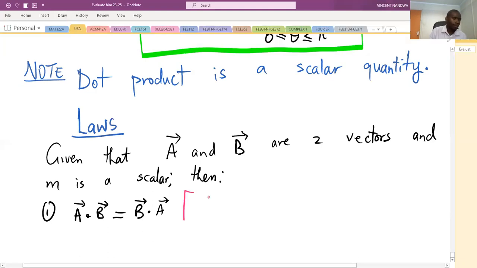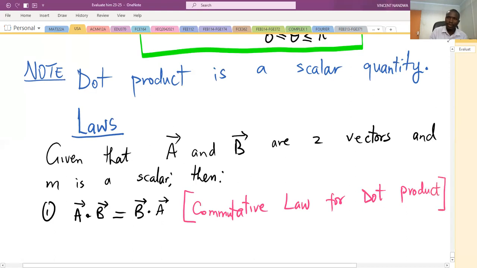So this is the commutative law for dot product. So that's one.